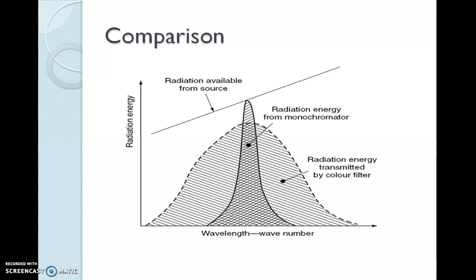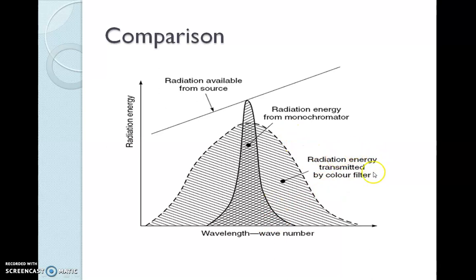The amount of light reaching the detector of a spectrophotometer is generally much smaller than that available for a colorimeter, because of the small spectral bandwidth. This is the comparison of the color filter and the radiation energy given by the color filter as well as the monochromator.